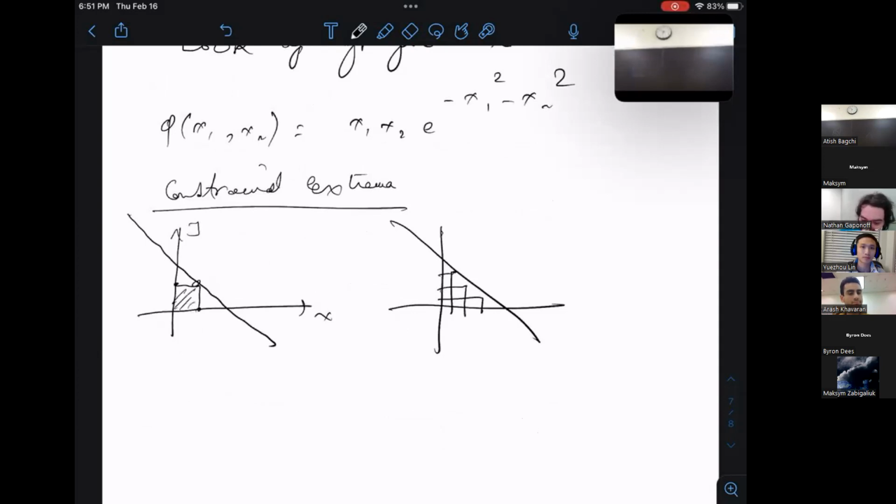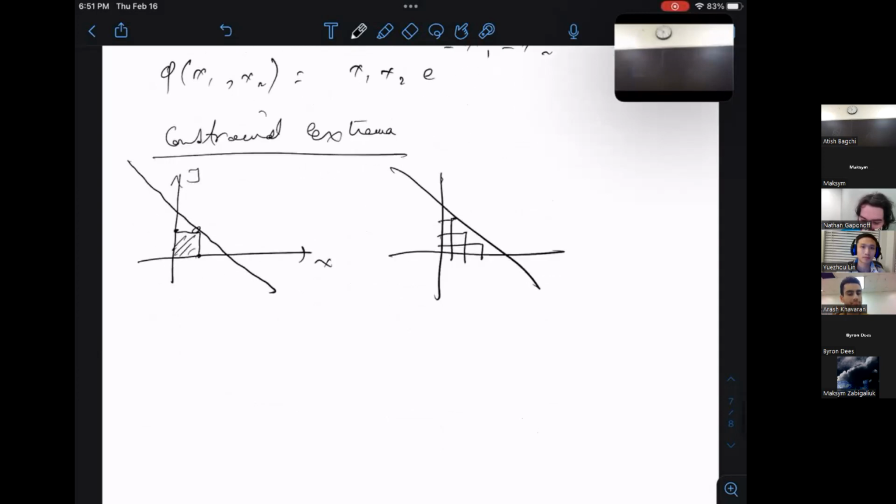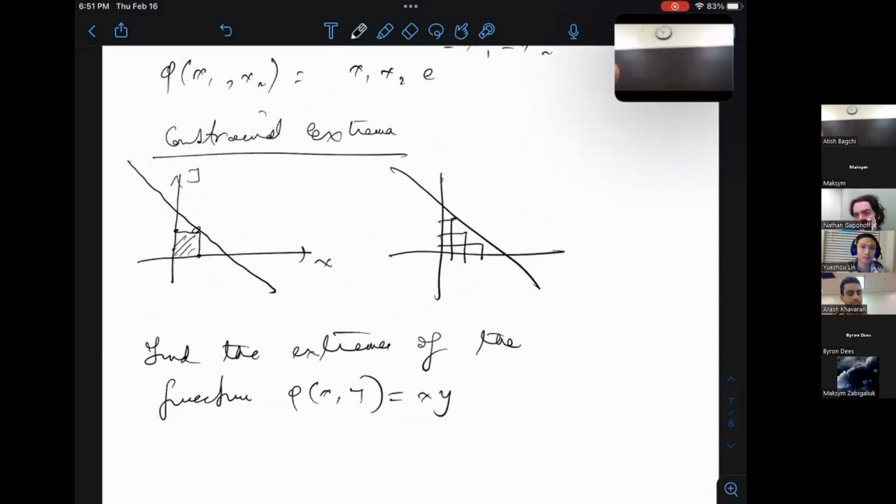I want to find the extreme values of the area enclosed by the two strings. Technically, this is: find the extrema of the function P of xy equal to xy subject to the constraint x plus y minus 2 equal to 0.